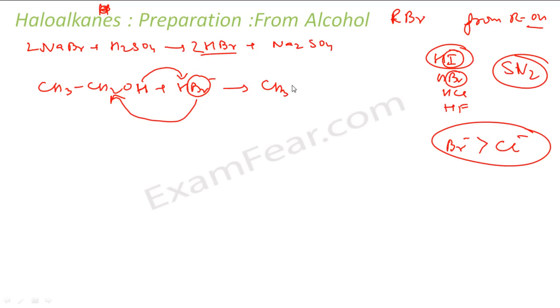So you'll get CH3CH2Br and water. Why SN2? Because this is a primary alcohol, 1 degree, and Br minus is a strong nucleophile. We'll discuss SN1 and SN2 later, and why sometimes it goes for SN1 and sometimes for SN2. This is an example of an SN2 reaction where we are converting ethyl alcohol into ethyl halide.